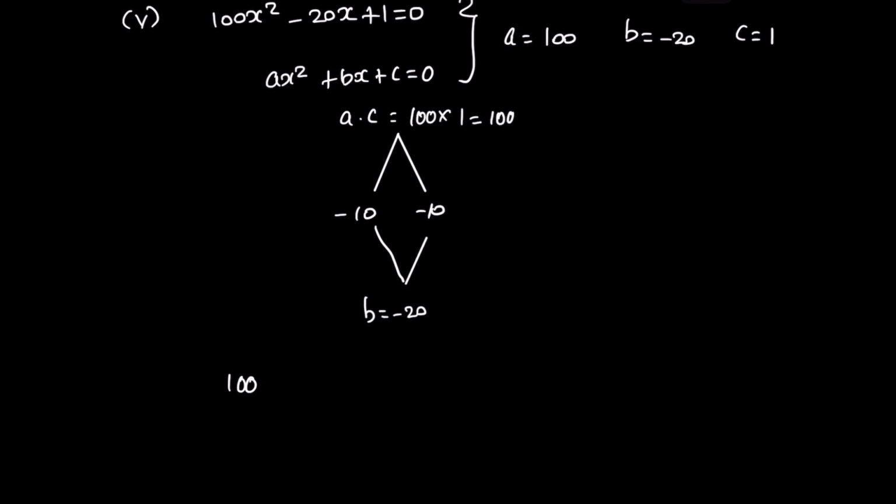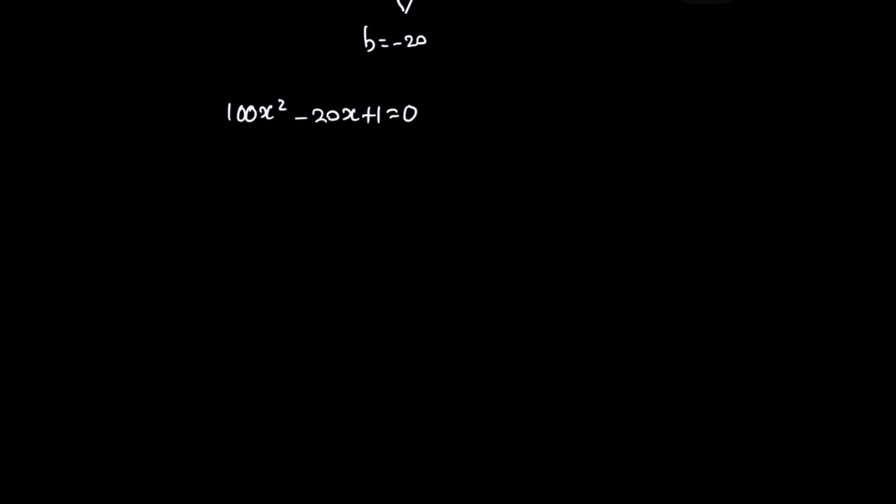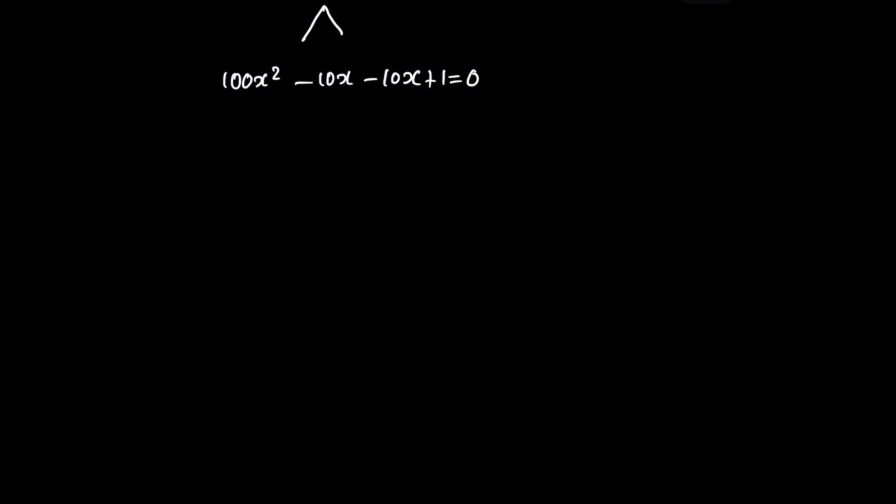Then 100x square minus 20x plus 1 is equal to 0. We are able to rewrite it as 100x square minus 10x minus 10x plus 1 is equal to 0. Now comparing the first two terms, 100x square and minus 10x, the 10x is taken outside.